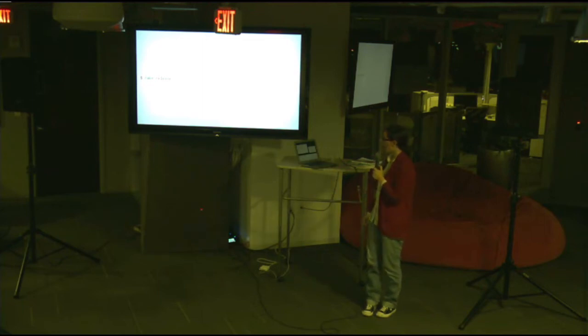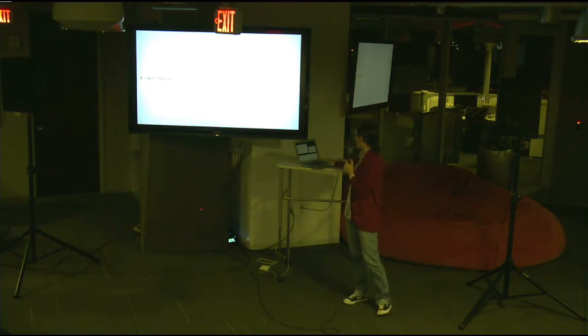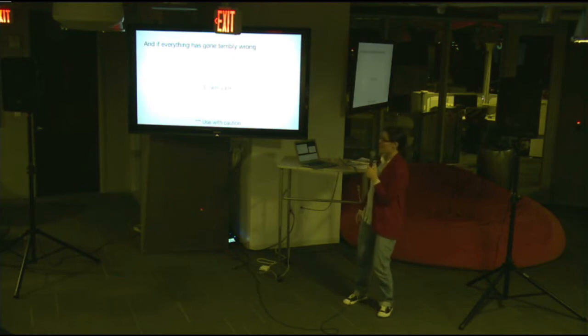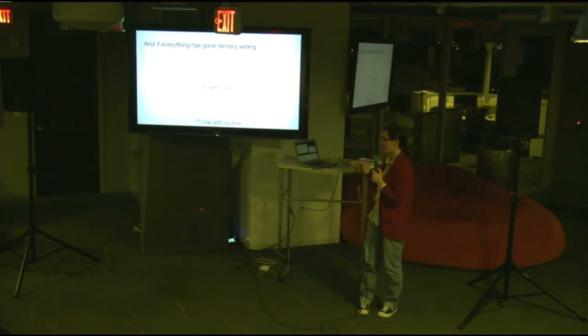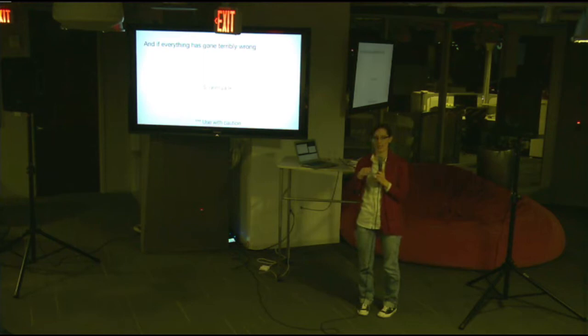Since this is the first time you've done this, maybe, and everything has gone terribly wrong, there is a kind of way to fix it with the gem yank command. Basically what that does is it just tells rubygems.org that there's something wrong. We don't want anybody else to be able to download this version of the gem. So use it with caution.